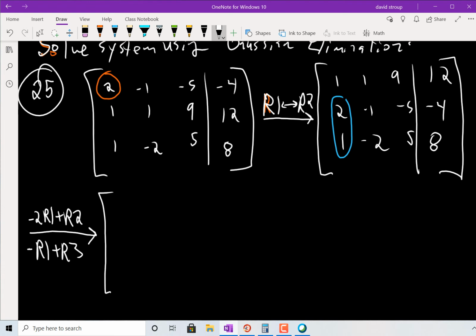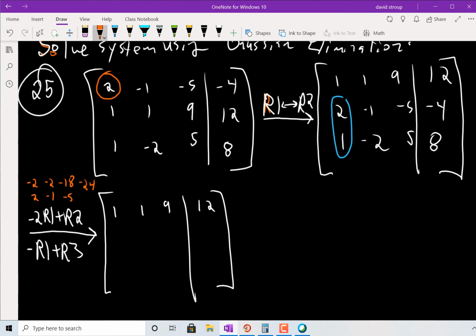Okay. So the only thing that won't change will be the first row. And let's see what we get. So I'm going to write out the arithmetic above and below the arrow. So negative 2 times row 1, negative 2, negative 2, negative 18, negative 24. And then row 2 is 2, negative 1, negative 5, negative 4.